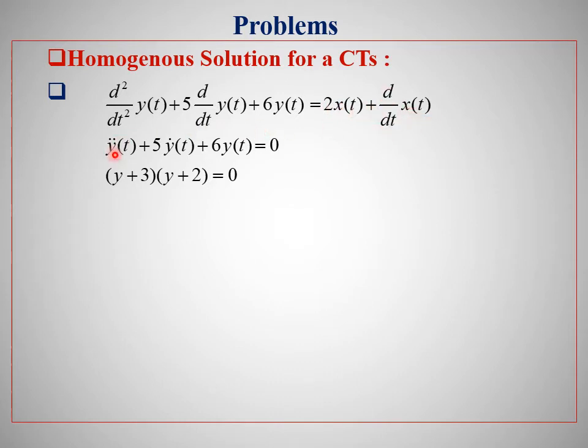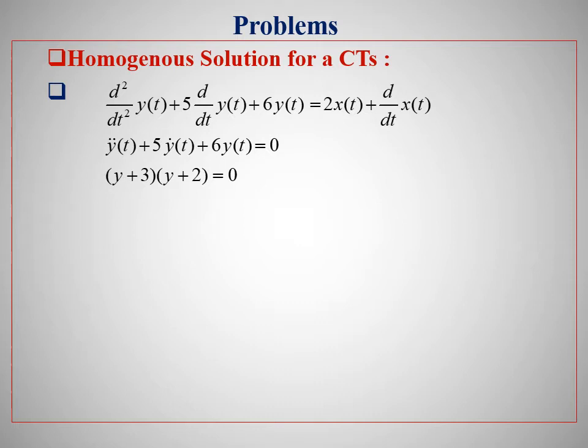This could be represented in simple terms as y double dot of t plus 5 y dot of t plus 6 y of t equal to 0, where double dot represents the second order differentiation and single dot represents the first order differentiation, as is considered in the general representation in mathematics.